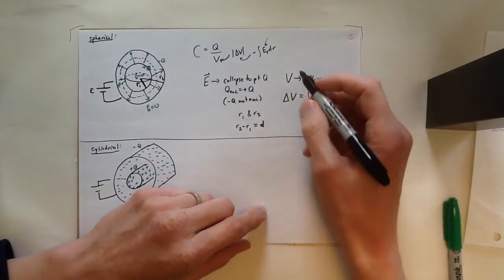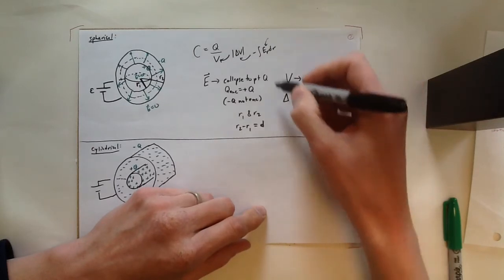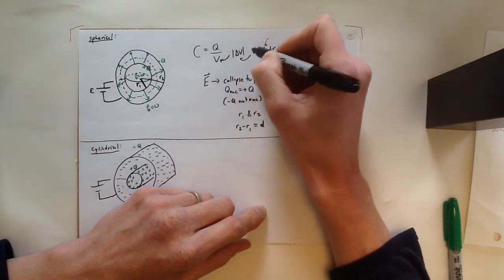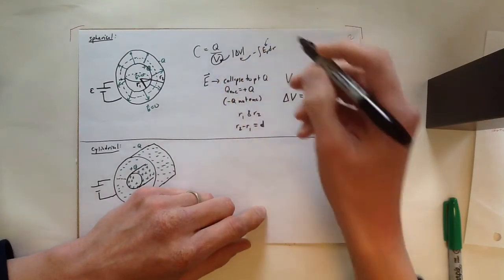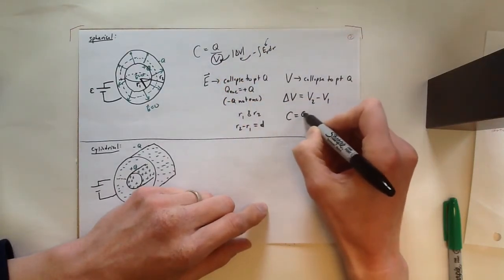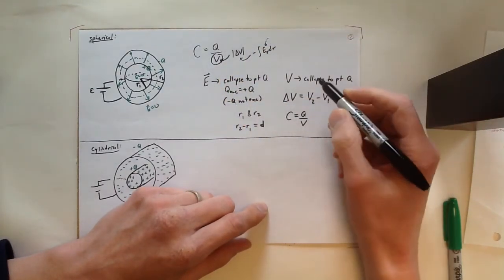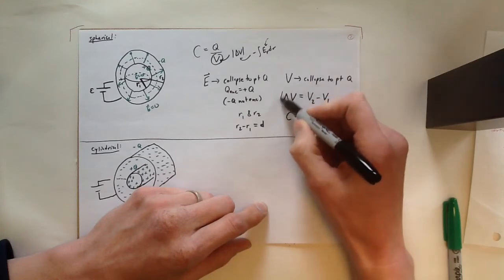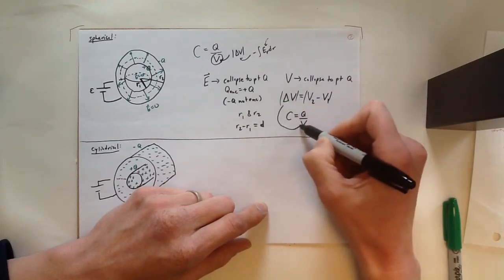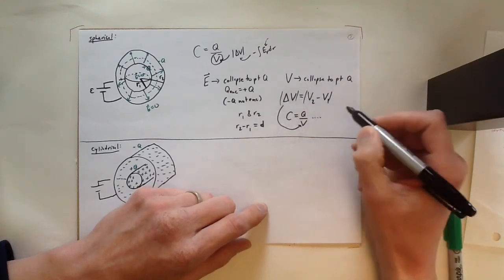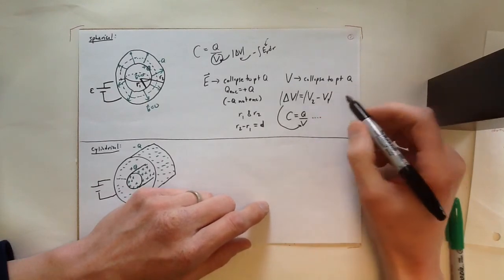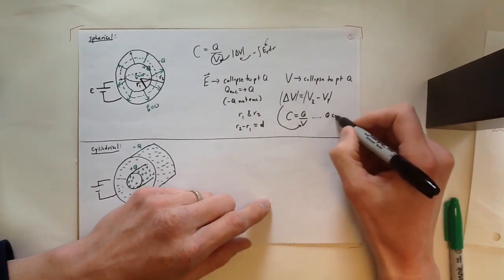So if you take the magnitude again, ignore all the signage, you just put it in here, and you take C equals Q over V, right? V really being the delta V. You put it in there. You will get something where everything cancels. Q is going to cancel.